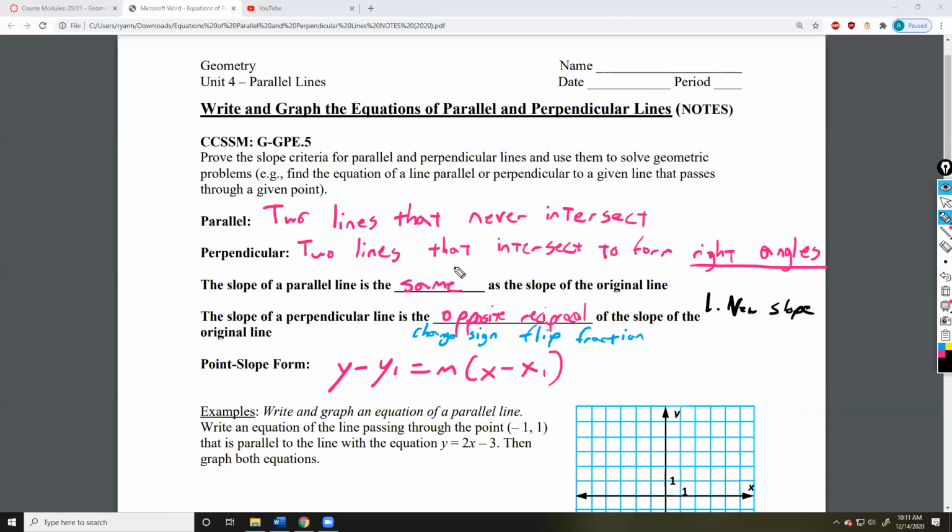We're going to make it the same slope as we had before. If it's perpendicular, we're going to do this process that we just did to find the opposite reciprocal. Step 2, we're going to use that in our point to get point slope form, which I'll talk about in just a second. And then step 3, we're going to solve for y.